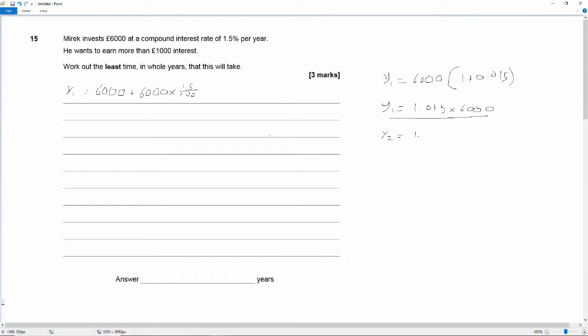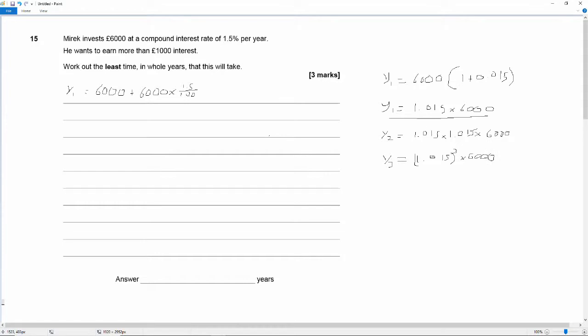So in other words, it's 1.015 times 1.015 times 6,000. Hang on, I'm seeing a pattern develop here. So year three is going to be 1.015 times 1.015 times 1.015 times 6,000. In other words, year three is equal to 1.015 raised to the power of 3 times 6,000.